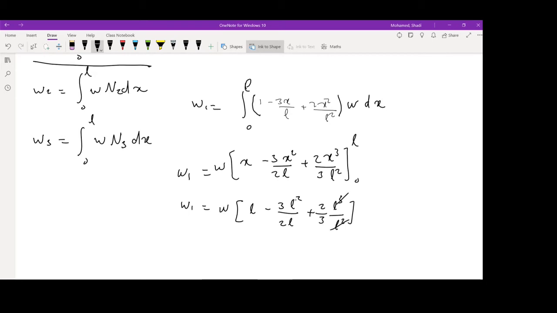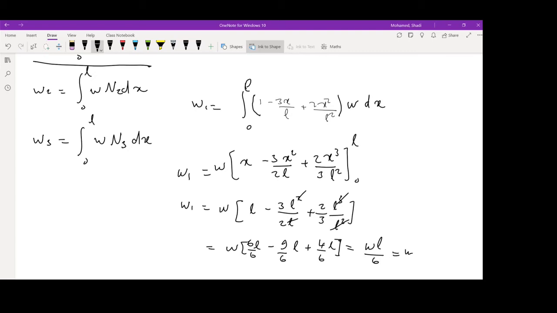The cube will go away with the L squared, the square will go away with the L, and we will be left with L minus 3 over 2 L plus 2 over 3 L. So this is basically 6 over 6, minus 9 over 6, plus 4 over 6. 4 over 6 minus 9 over 6 is minus 5 over 6, and 6 minus 5 is going to be WL over 6.